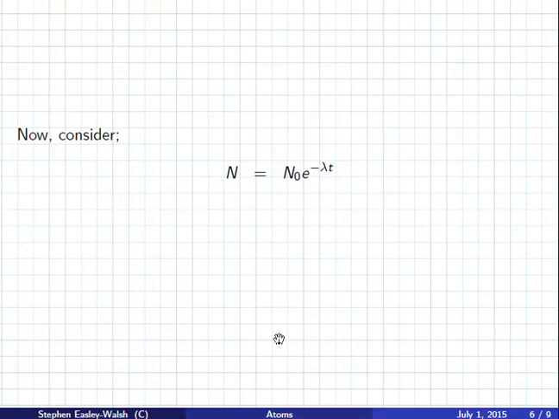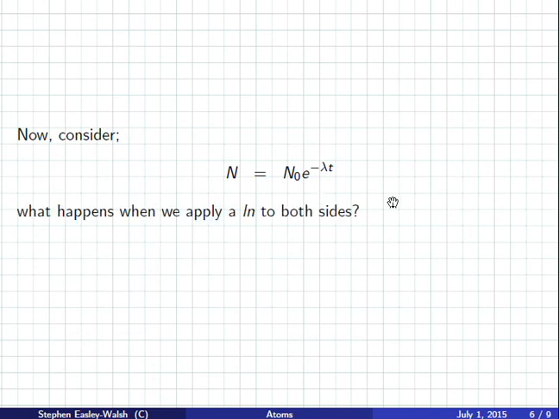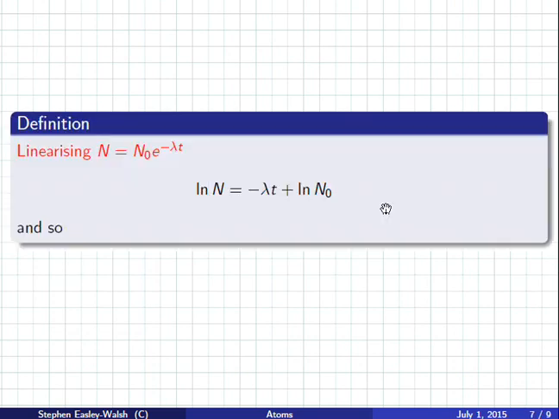So if I go back here now, if I put log on both sides, what happens? I get this, log n equals minus lambda t plus log n0, which is what you wrote down. And so, the y is log n, it goes on the y-axis. The x is the t, it goes on the x-axis.